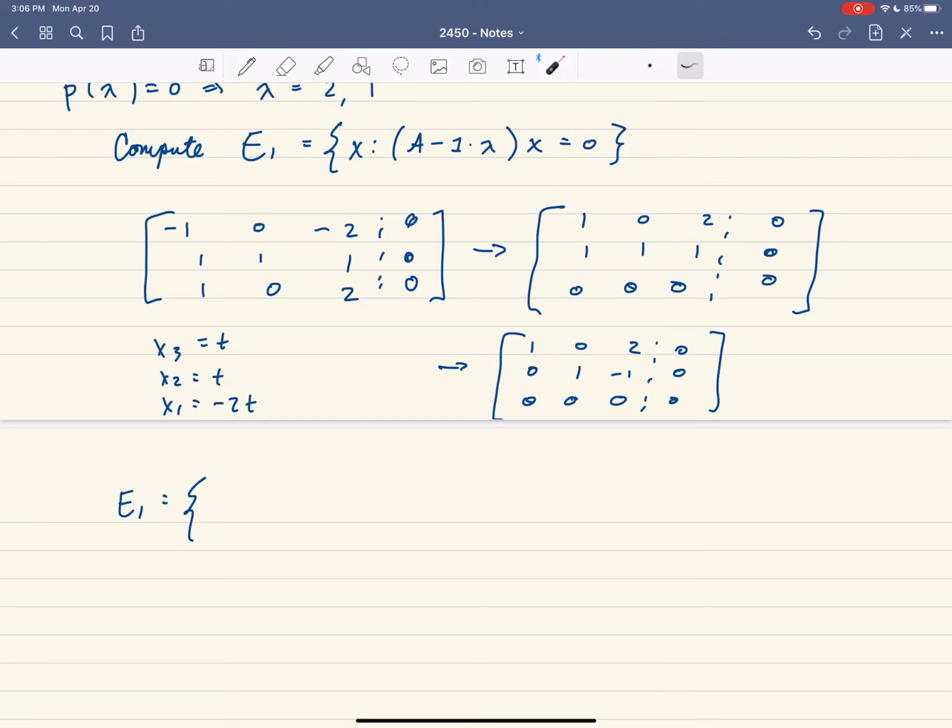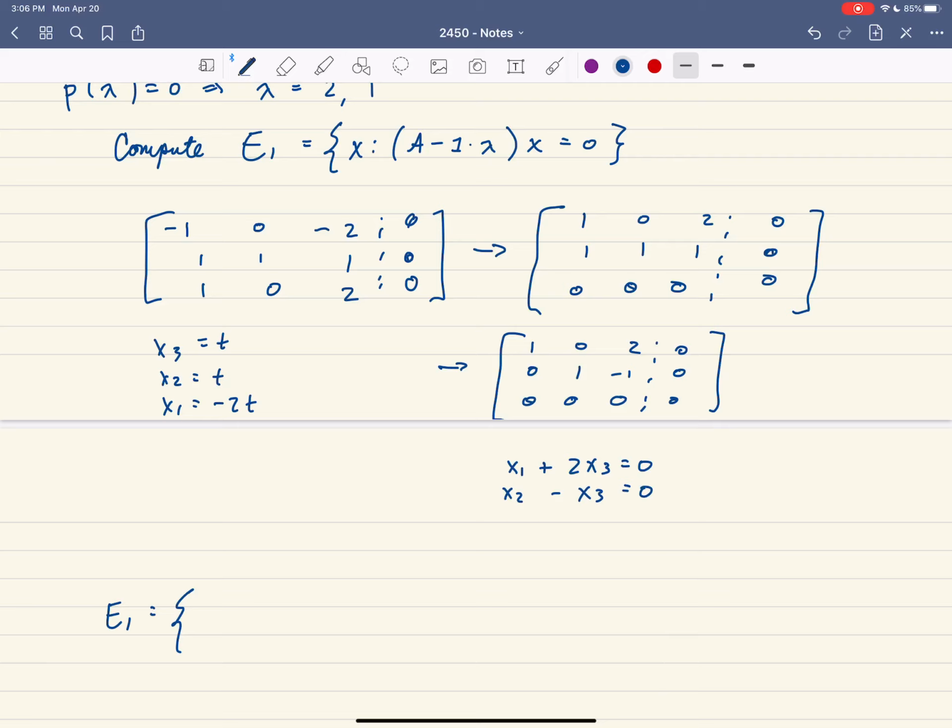Because remember, the way that I'm doing this, I think this is worth just remembering, because we've done so much this semester, is that this top equation means that 1x1 plus 0x2 plus 2x3 is 0. The second equation says that x2 minus x3 is 0.